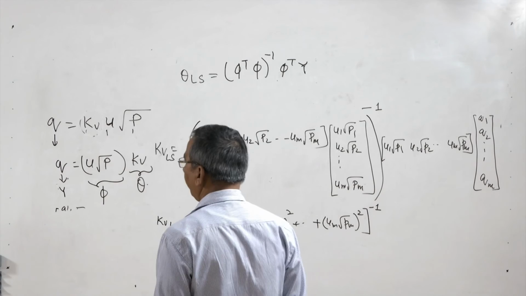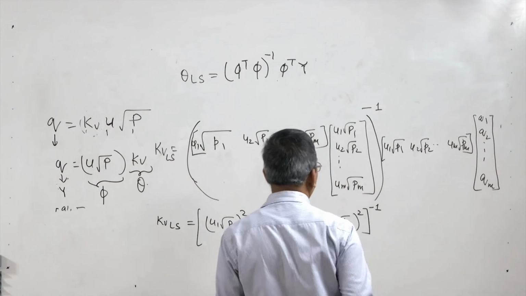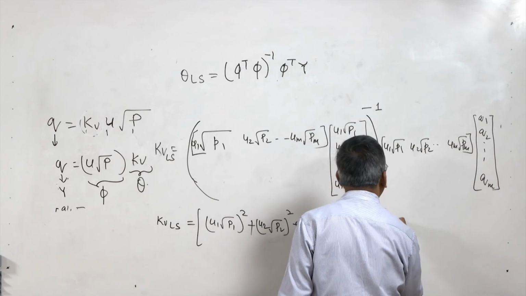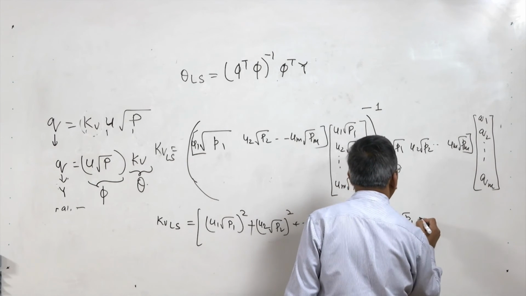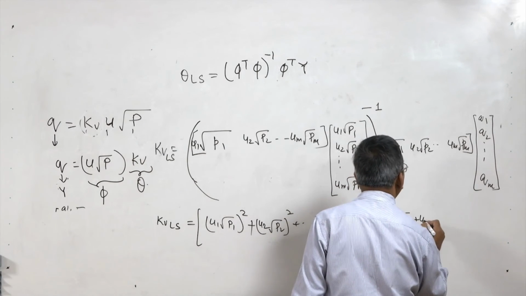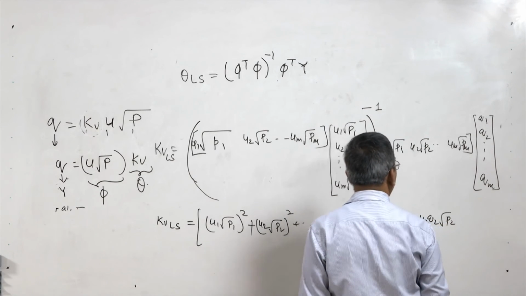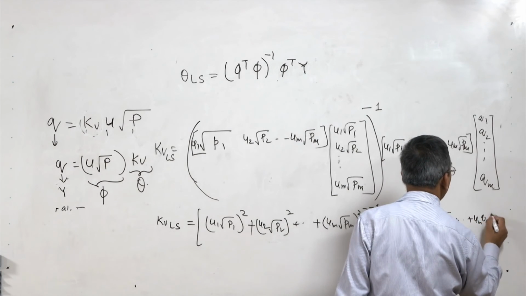And then of course we will have these components, that is u1 q1 root p1 plus u2 q2 root p2, plus, up to qm root pm.